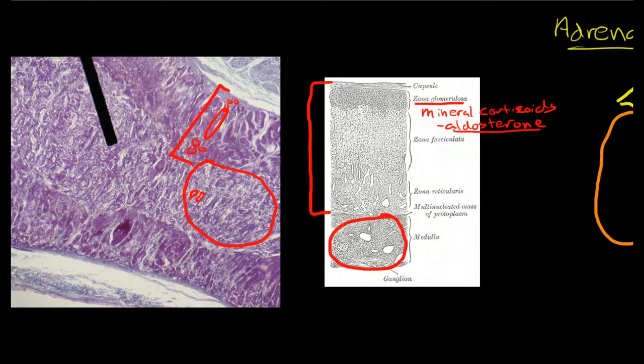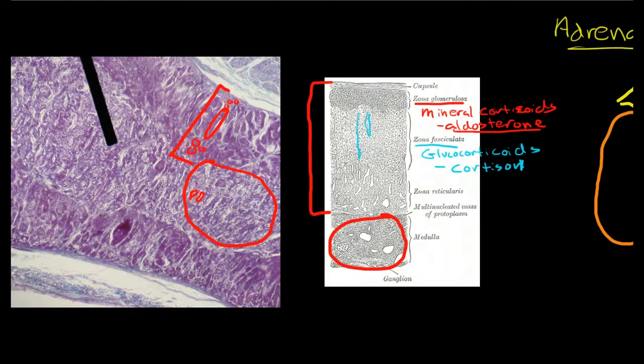Then the zona fasciculata, which is this large zone made up of long columnar cells here, produces the glucocorticoids, and cortisol is the most common of that group of hormones.